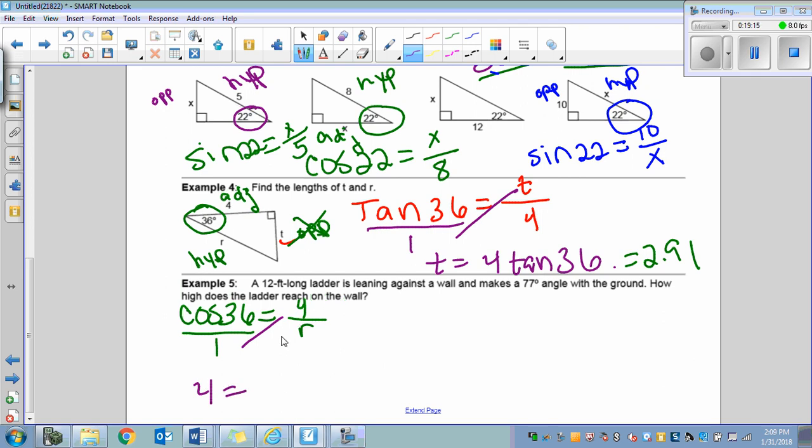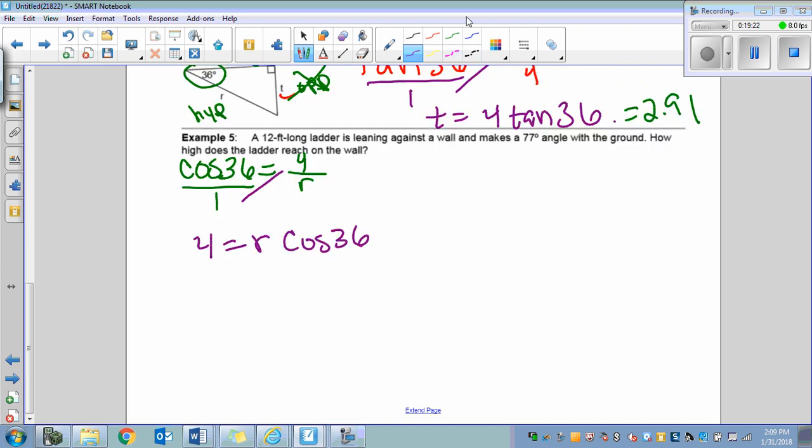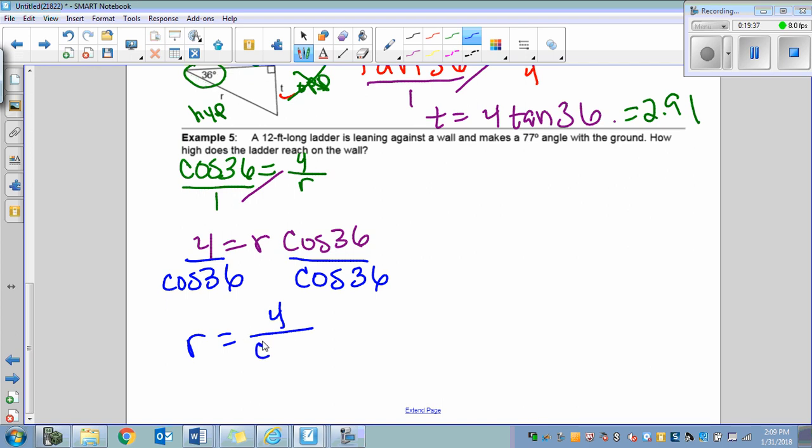R times cosine of 36 is just R times cosine of 36. I'm trying to solve for R, so if my R is the denominator, I'm going to have to divide by the trig function, which is cosine of 36. R equals 4 divided by cosine of 36.